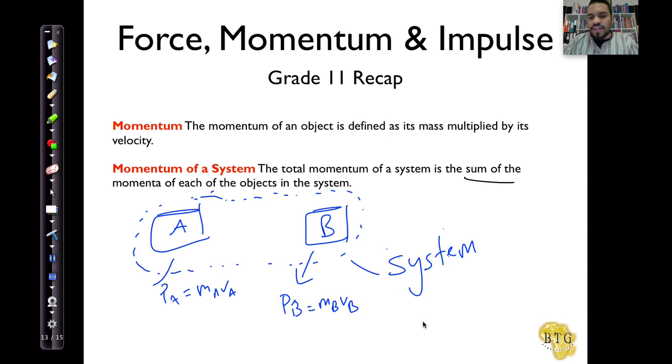So the P of the system is equal to P of A plus P of B. That's the momentum of object A plus the momentum of object B. And that's important to note. When you want the momentum of a system, just add up each of the momenta.